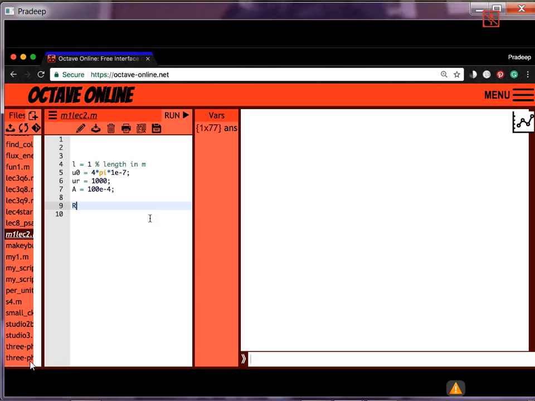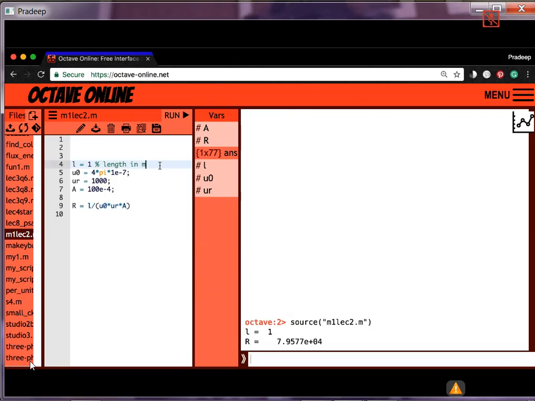Then finally R equals L divided by mu naught into mu r into A. So this is our simple program. Now if I just run this program, on the right I can see the solution. So this is 79577 e to the power of 4.